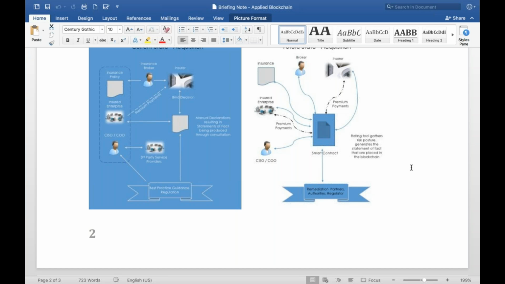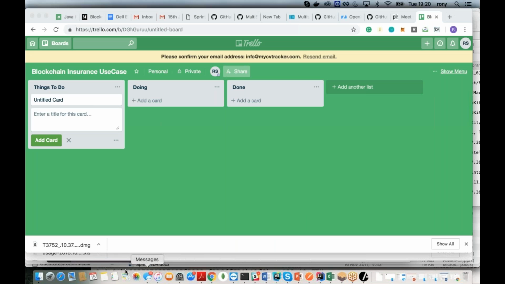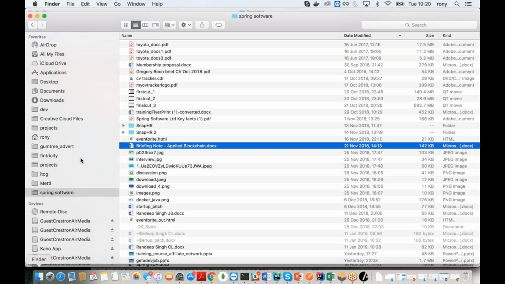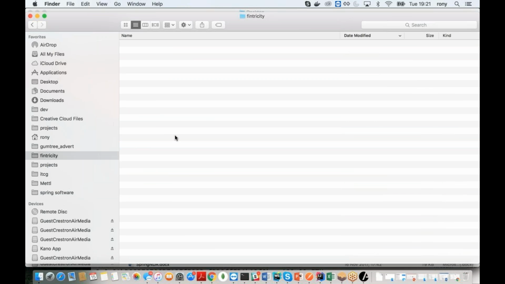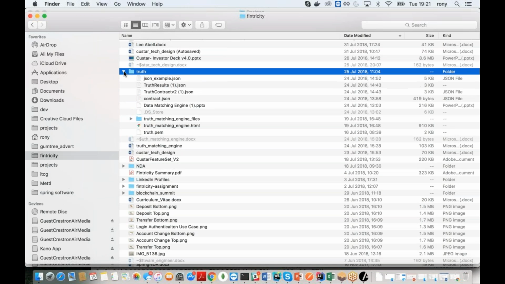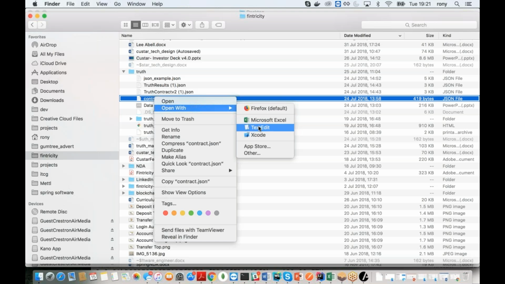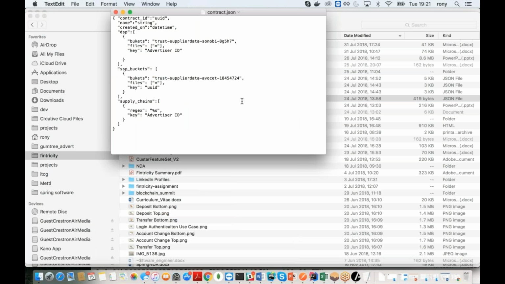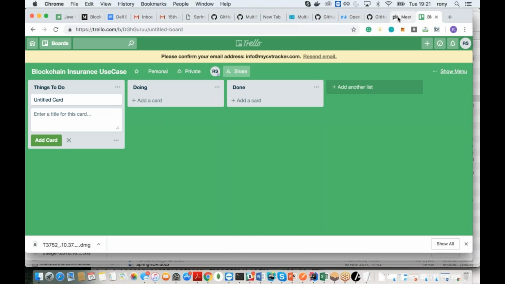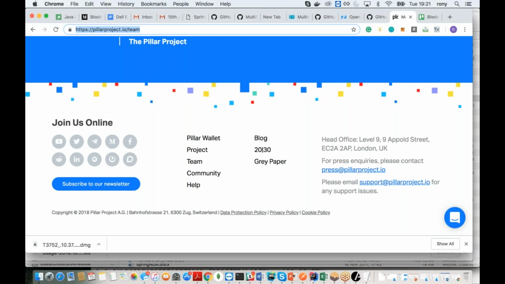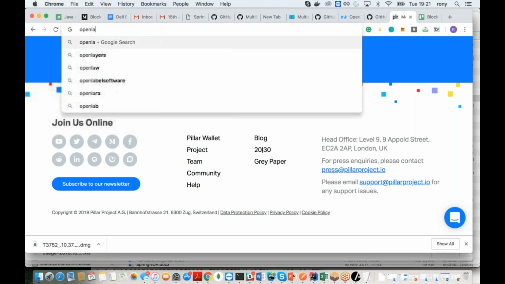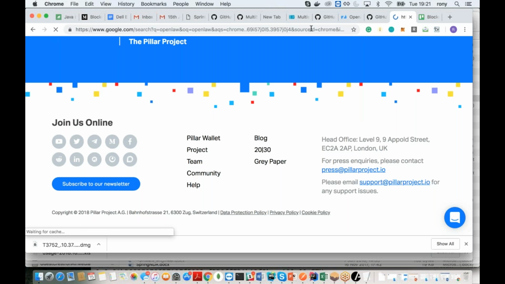Okay, so they have OpenLaw. Can you search for OpenLaw? Yeah, this is it.